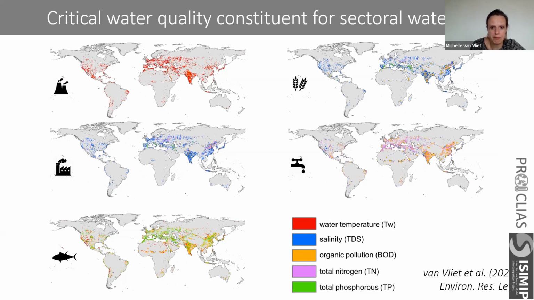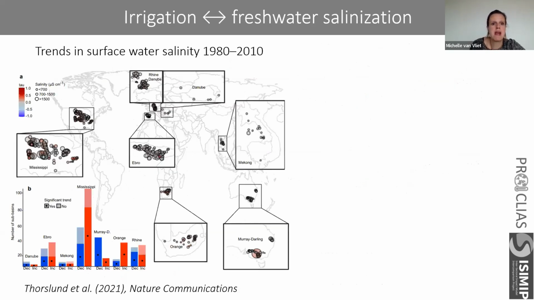This was concluded based on research done by Josephine Toorslund, who also works as a postdoc researcher in my group and is affiliated with Stockholm University. She previously studied trends in surface water salinity levels from different monitoring stations across different river basins in the world, focusing on the period of 1980 till 2010.